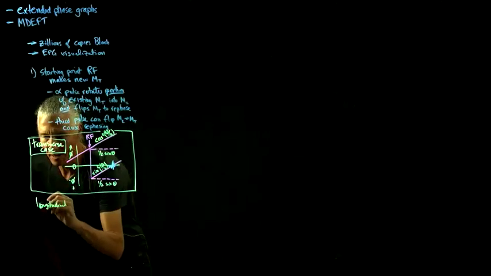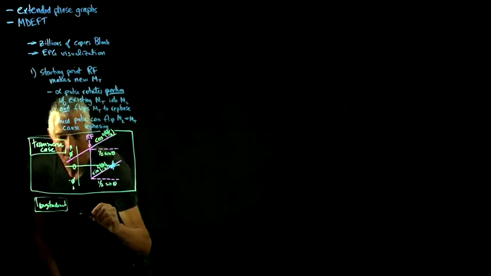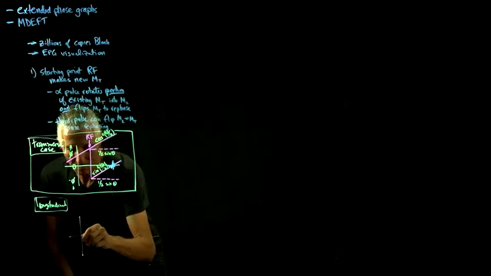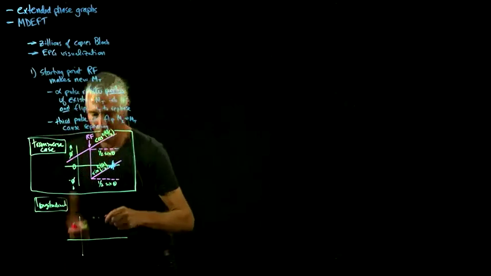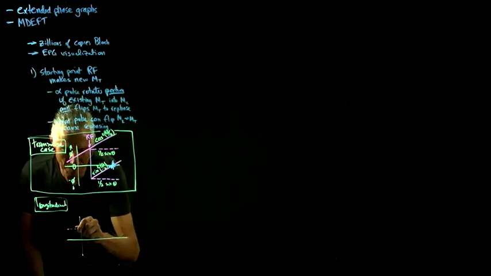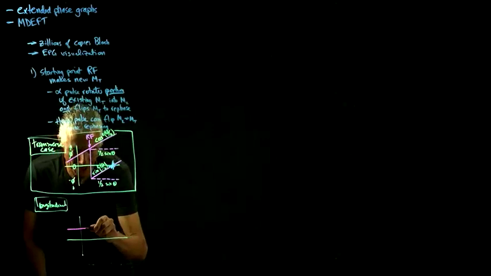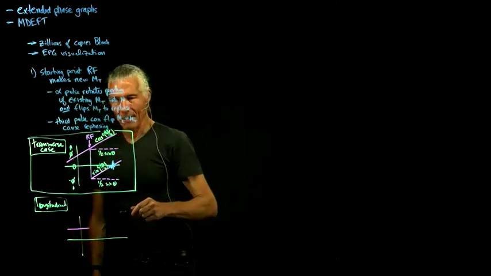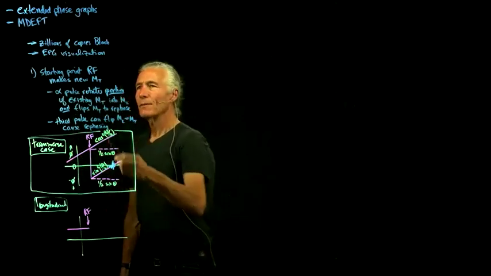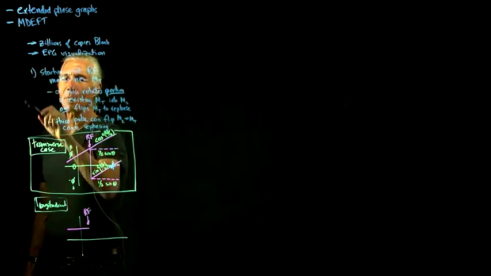The longitudinal case is the same kind of graph, except that our longitudinal magnetization is coming in at some amount of dephasing, but not changing. And when we apply an RF to that, it's different than the starting point before.